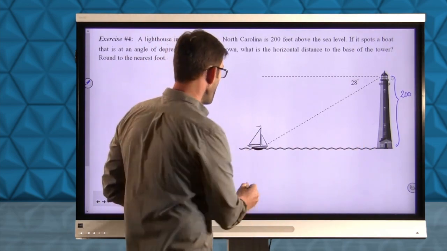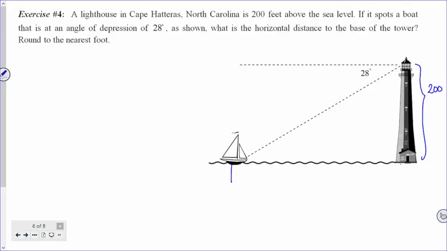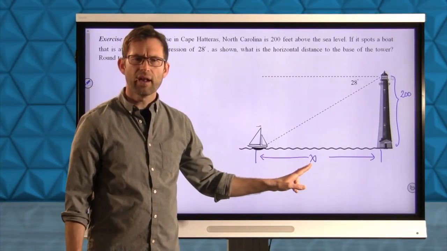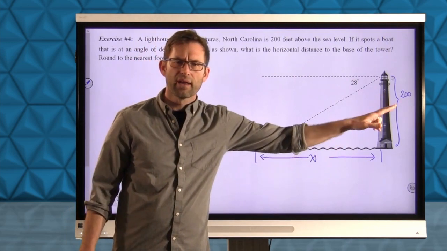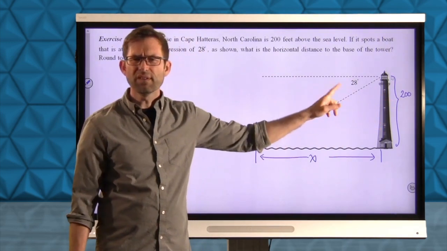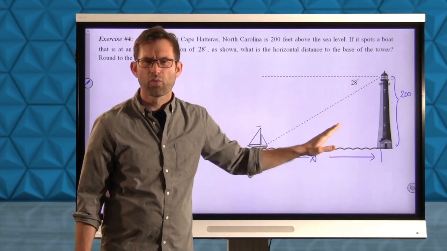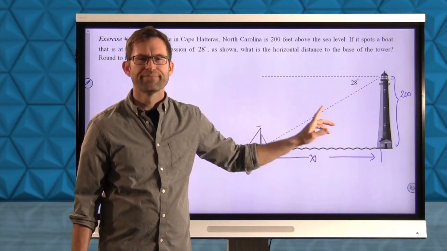Okay, so what I'm trying to figure out here is this distance. What is the horizontal distance to the base of the tower? Again, I'll use my favorite variable ever, which is x. But now this is kind of weird because I've got this side I want, which is x, and a side I know, which is 200. I've got this angle, 28 degrees, but that's not part of this particular right triangle that I'm dealing with.